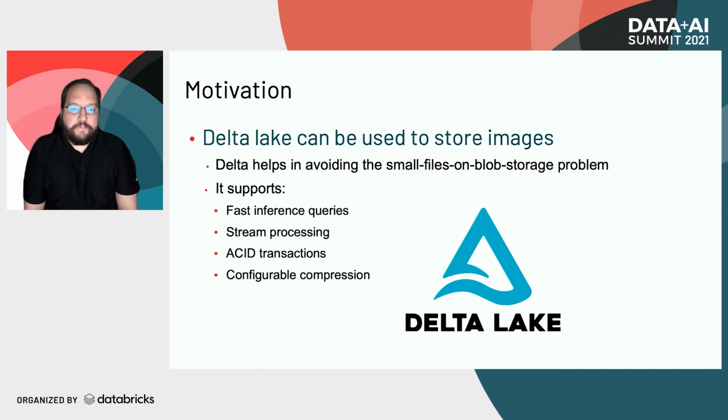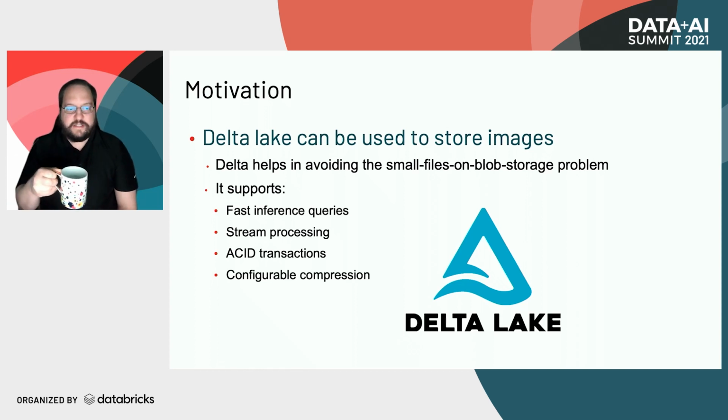So being able to store the binaries for images in Delta Lake is going to enable fast inference queries. It'll keep down the files. It immediately gives you stream processing capability with virtually the same code as your batch.